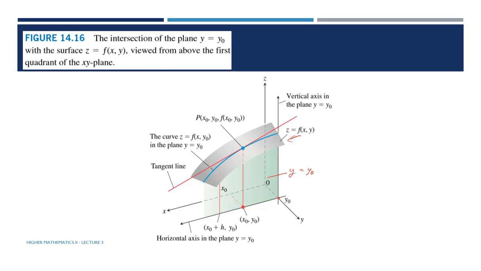This plane cuts the surface z equals f of x, y, and in the cut place we get this blue line. We're taking the point P, which is x0, y0, f of x0, y0, and we want to calculate the derivative at this point, viewed from above the first quadrant of the xy plane.